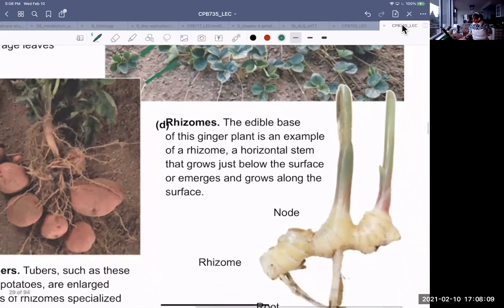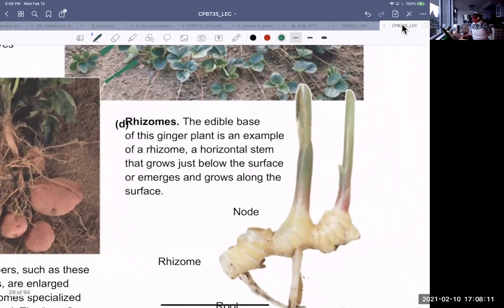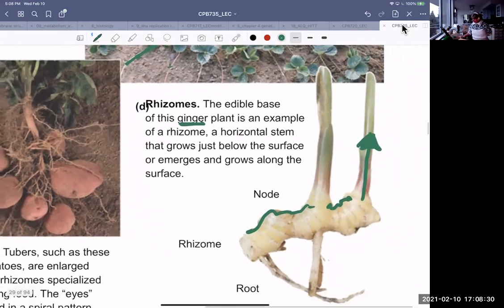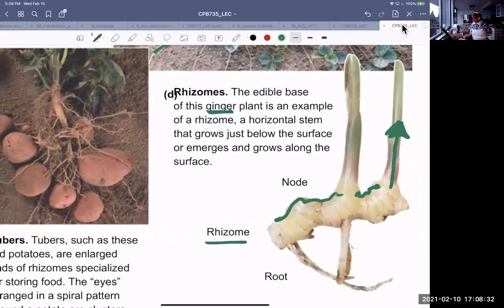A rhizome is a modified stem as well. It grows underground. This is a ginger plant. This is the horizontal stem. And as it grows, it can sprout up asexually another plant that will grow from the stem, but it'll grow vertically. That's known as a rhizome.